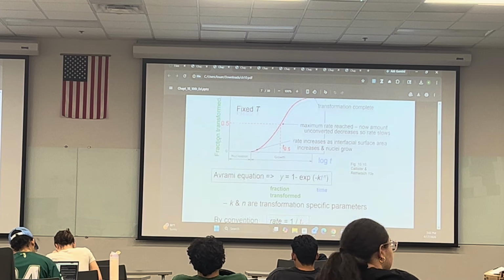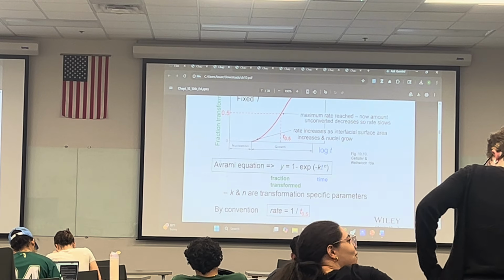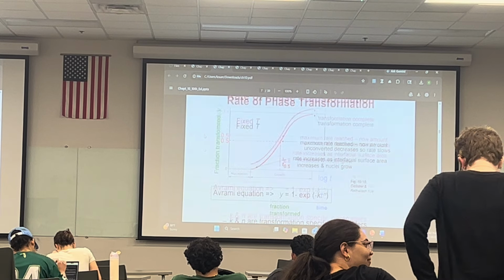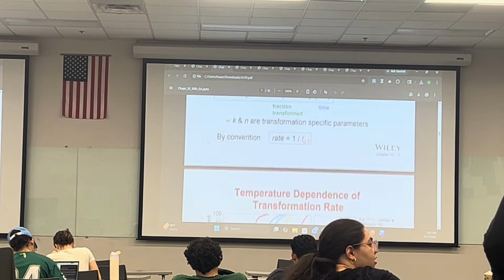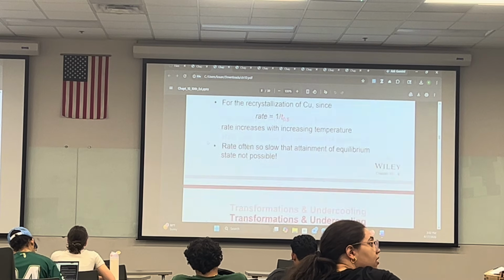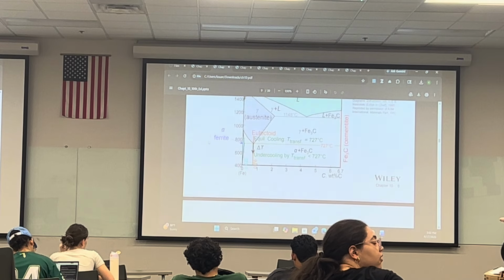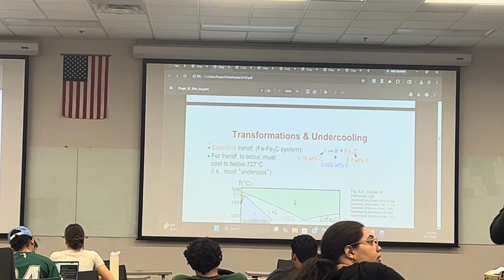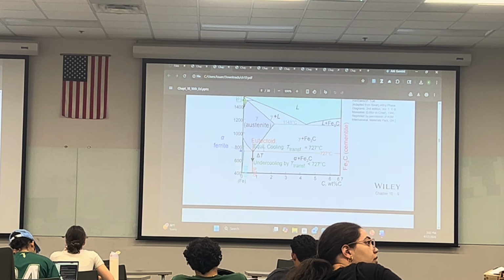From the equation, these are all about homogeneous nucleation. We also discussed phase transformation in steel.